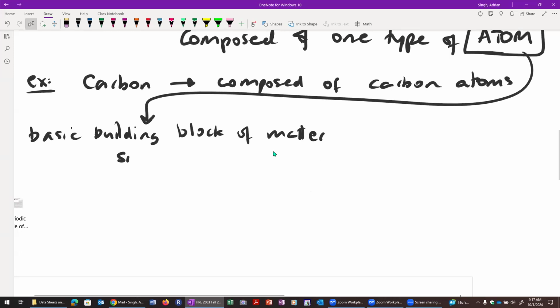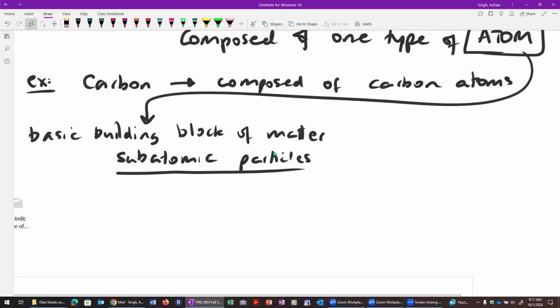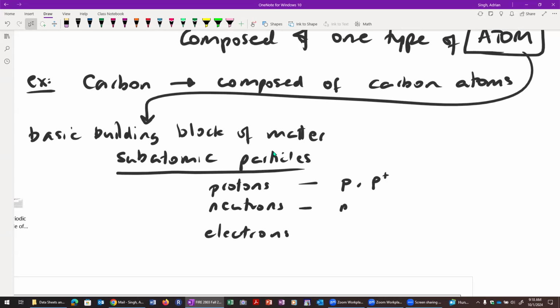And we saw three of these. Remember, there's three different ones. We have our protons, the neutrons, and then we have the electrons. Protons abbreviated P, with the positive superscript, neutrons N with a zero superscript, electrons E with a negative superscript.